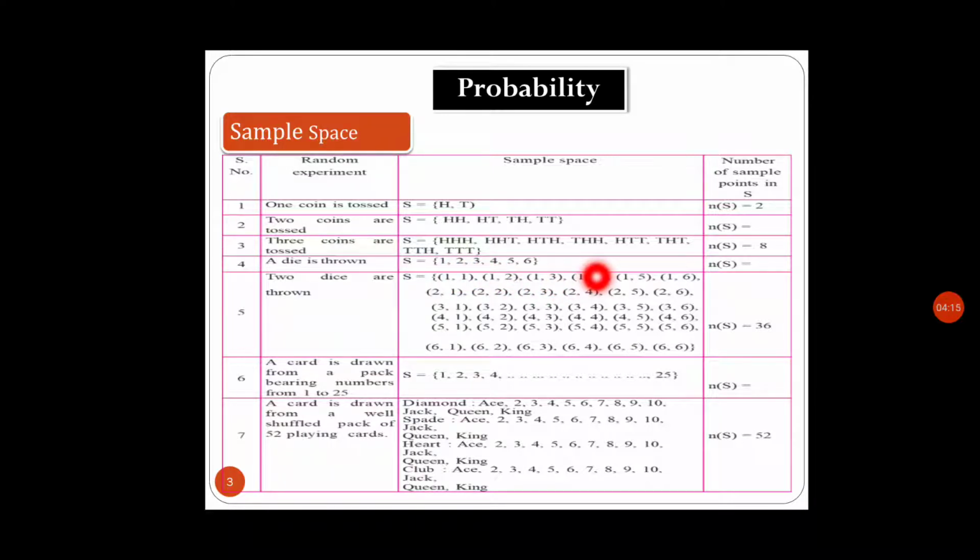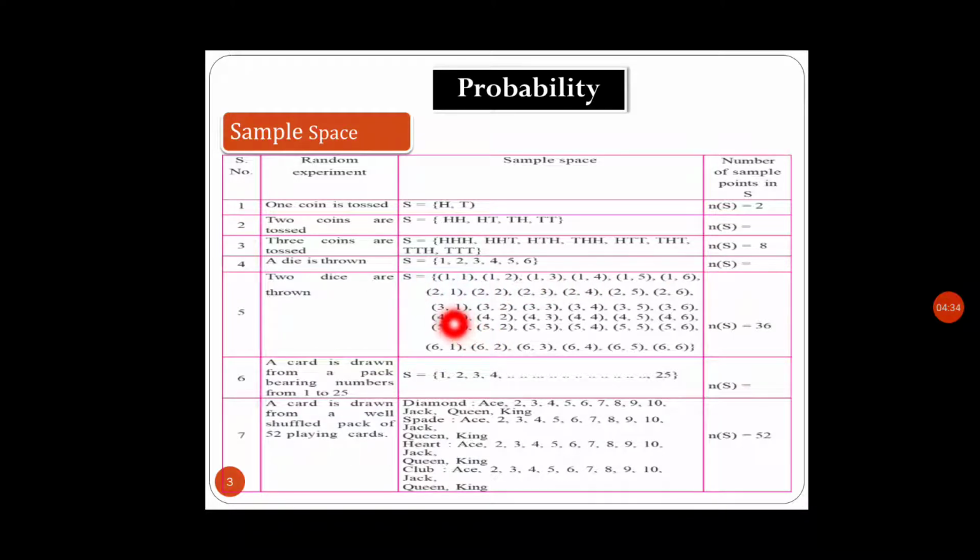These are the sample space of the random experiment 3 coins are tossed. How many elements are in this sample space? There are 8 elements or sample points. Then n(S) is equal to 8.